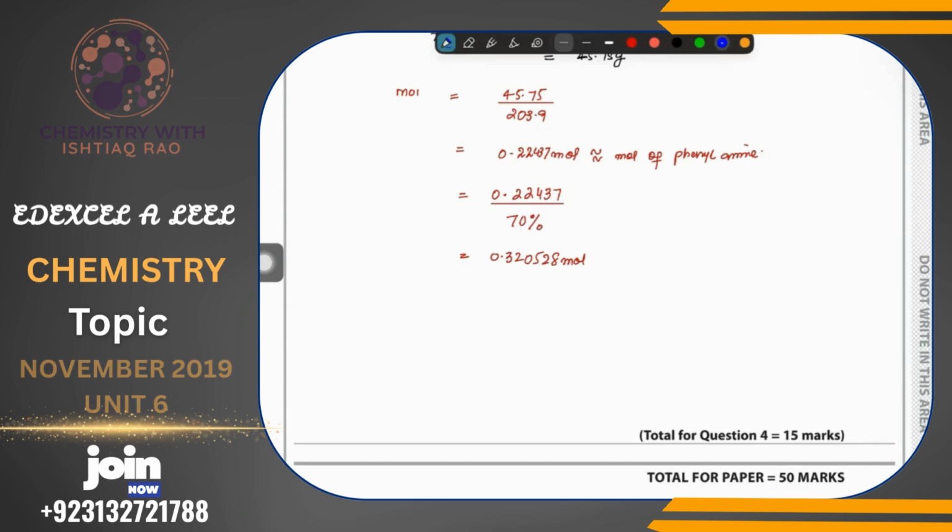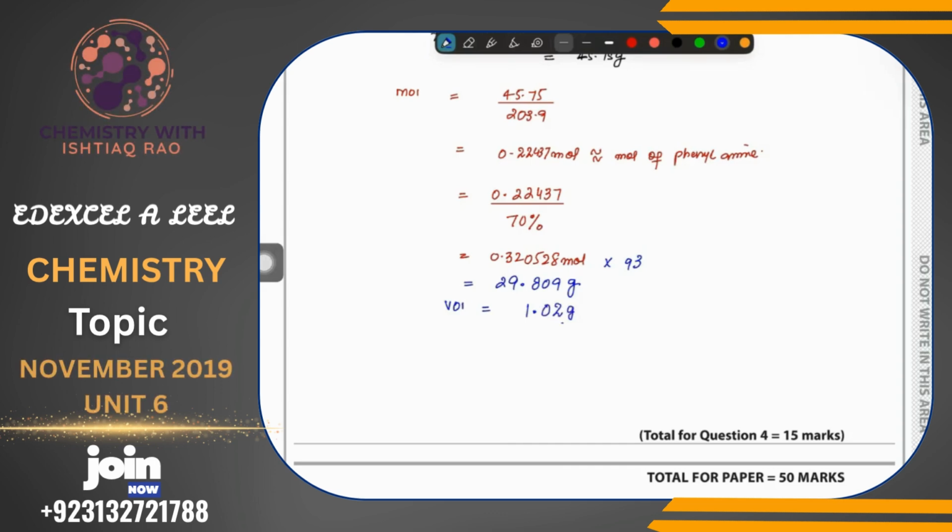We need to find the mass first. The mass is 0.320528 multiplied by its Mr, 93, which is 29.809. Then we divide by the density, 1.02.